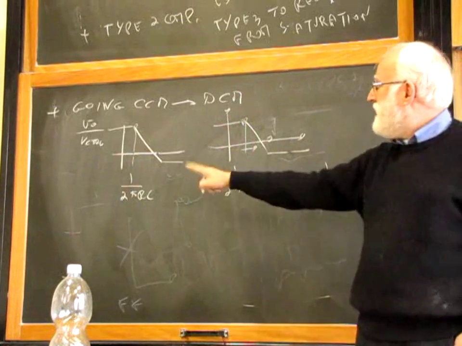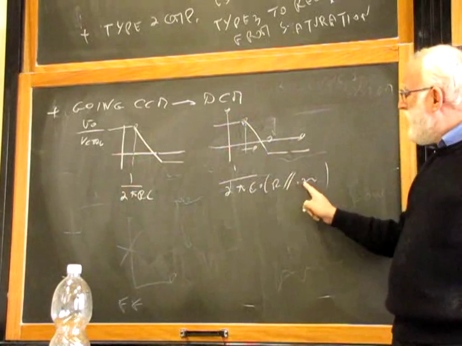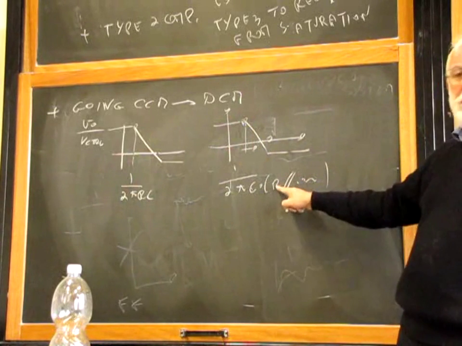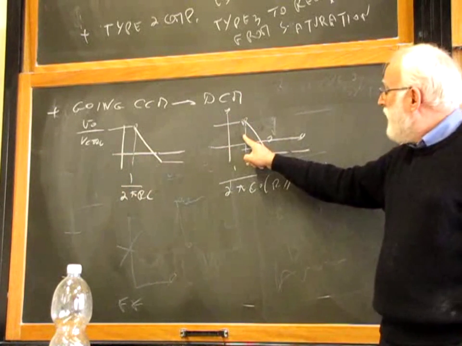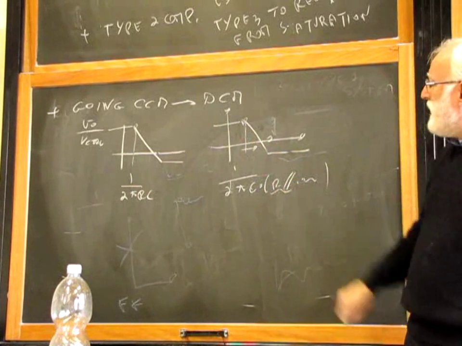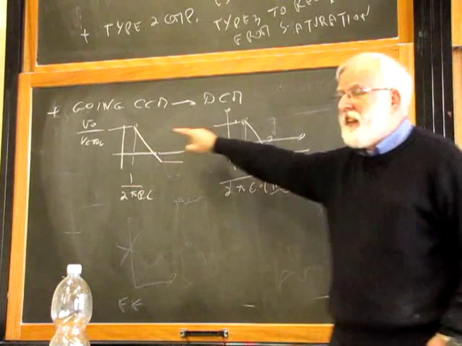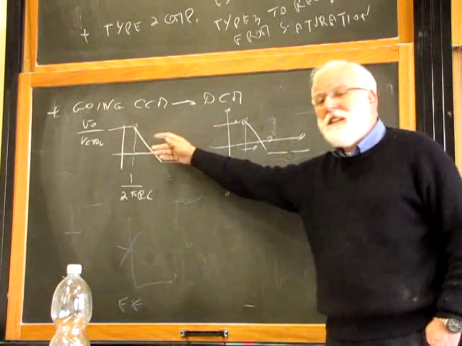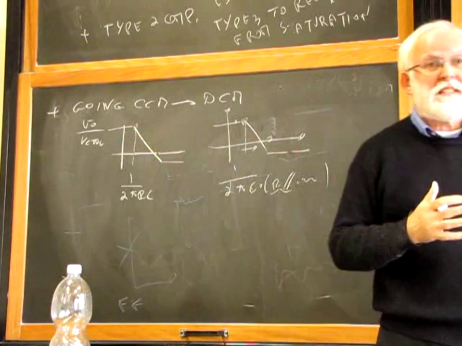But this R is larger than that. So this pole is going up because there is something going in parallel to R. But this is a low frequency because this R, to go in DCM, must be large. And this gain changes a little bit. But basically what you get is still the same shape and more or less the same numbers.